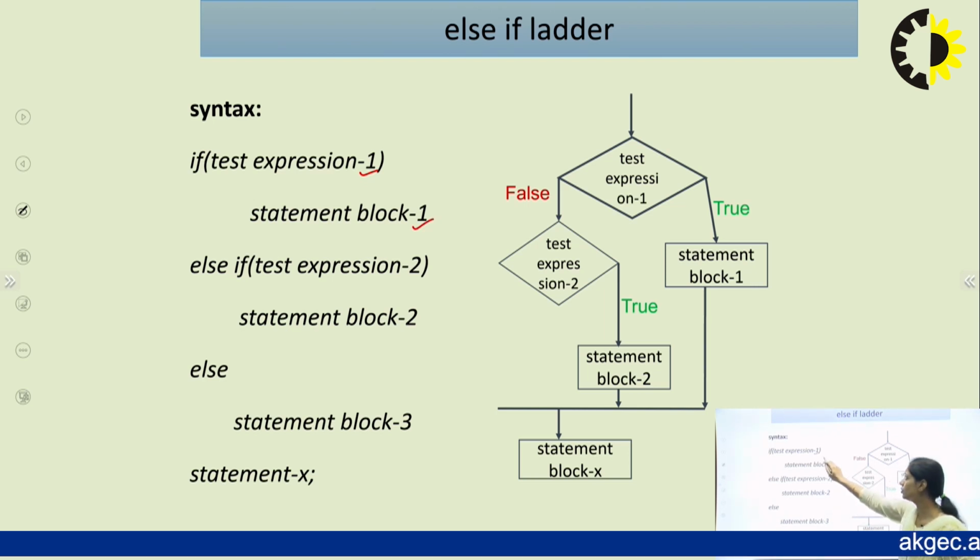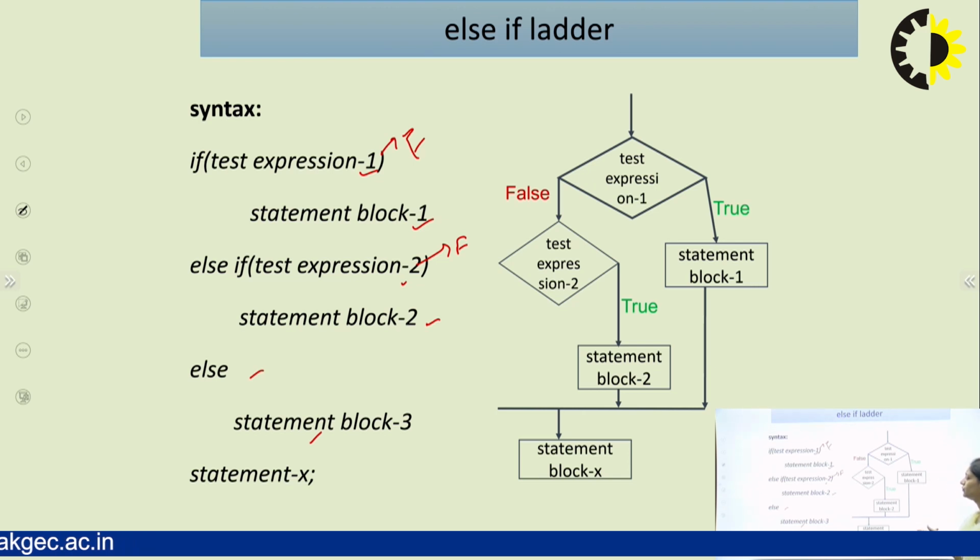If this is false, in that case it enters into this block and checks whether the test expression 2 is true or not. If this is true, then this will be executed. If this is also false, it will enter into the else and will execute the statement block 3.